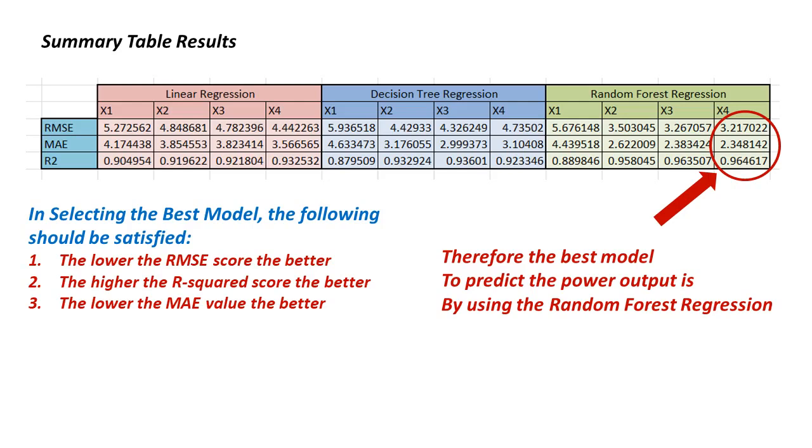In this case, when we analyze it, the best model for predicting the power output for a combined cycle power plant is the random forest regression. That fits the criteria we just mentioned for the best fit model for this project.